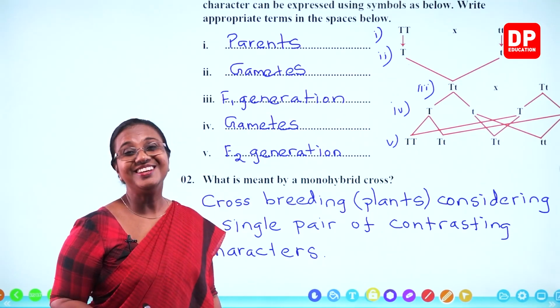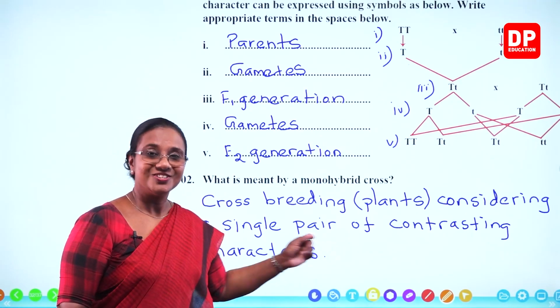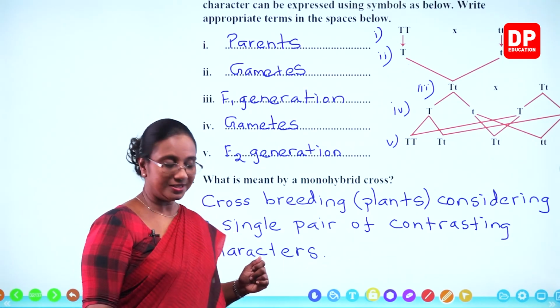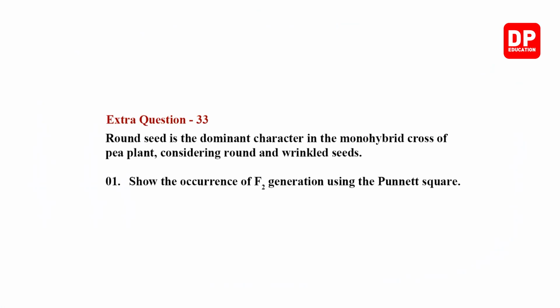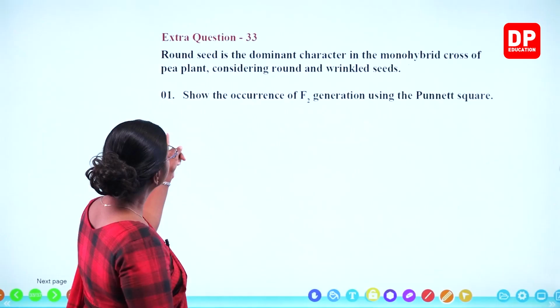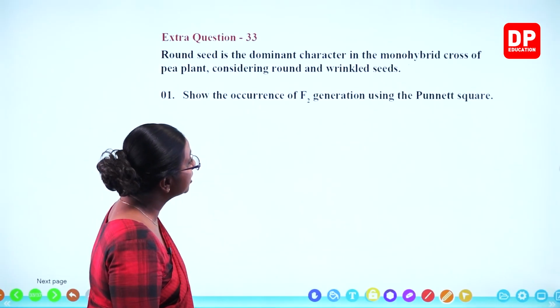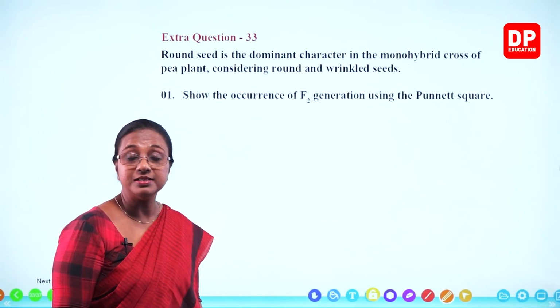I'm sure you all can understand that. So with that, students, we'll move on to the next slide. Extra question 33. Round seed is the dominant character in the monohybrid cross of pea plant. Considering round and wrinkle seeds, show the occurrence of F2 generation using the Punnett square.